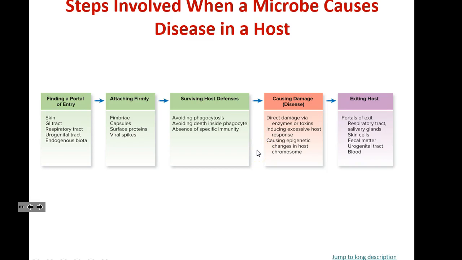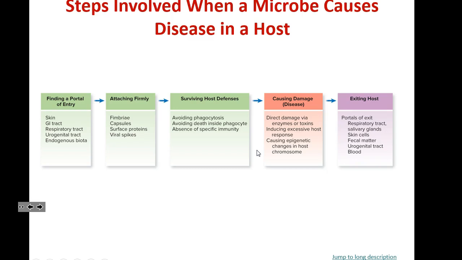So what are the steps involved when a microbe causes disease in a host? It has to find the portal of entry. First thing. It has to attach firmly. It has to survive the host defenses. That means it has to avoid phagocytosis, avoid death inside the phagocyte, and absence of specific immunity.